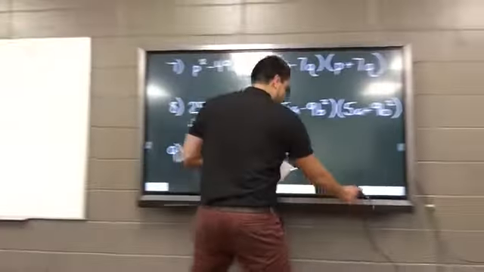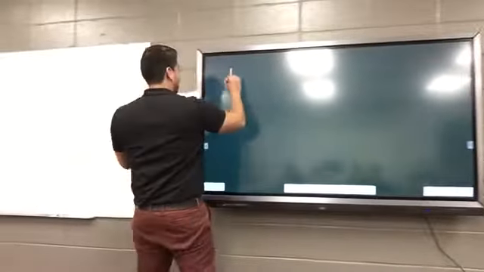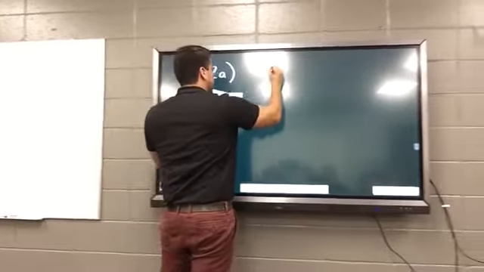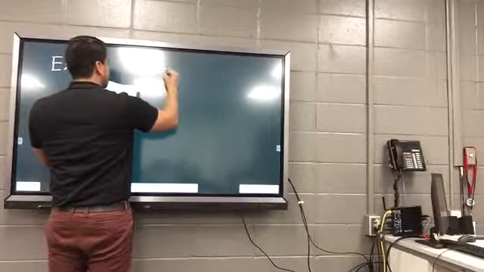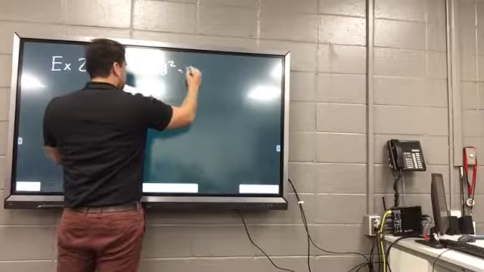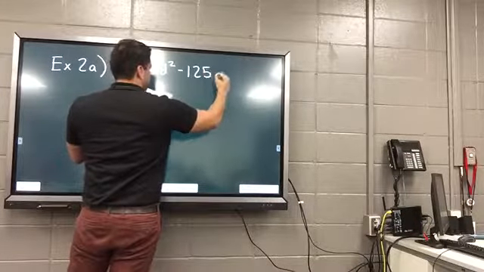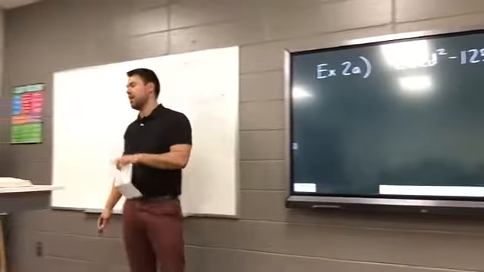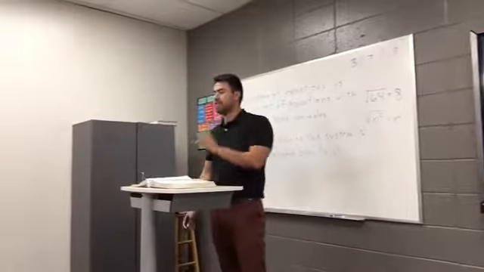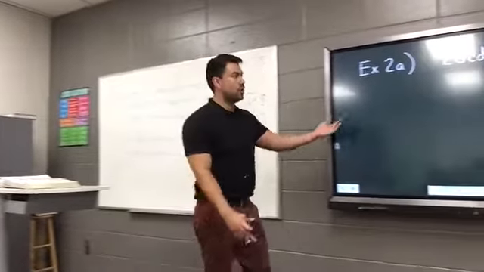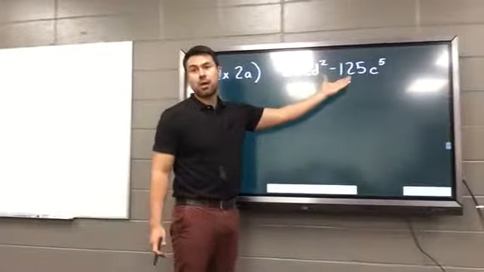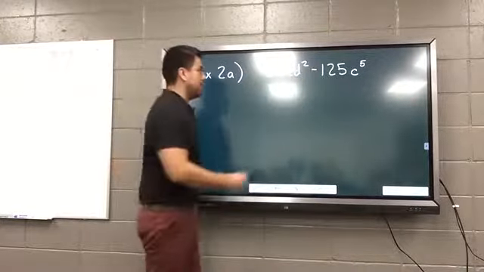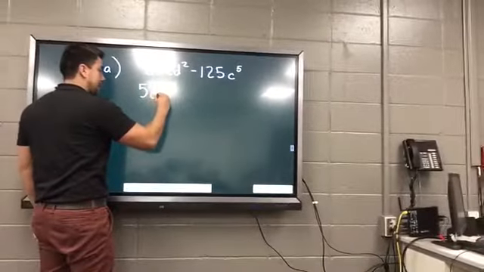Example 2, A. It's really not that much more difficult if you understand your first step in all of these problems is to find the GCF. And if there is a GCF that is not one, you must factor it out. Looking at this problem, does it have a greatest common factor other than 1? Yes. What is it? It's 5c.